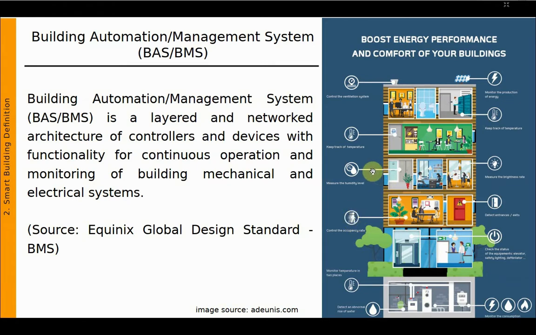Another crucial system also keeps track of the temperature and humidity. And another is for energy monitoring like electricity and also the ventilation system. Okay, the main point for building automation is energy performance and comfort.